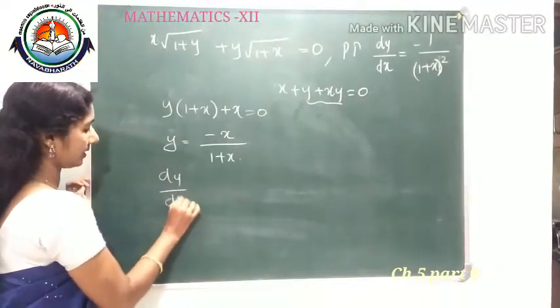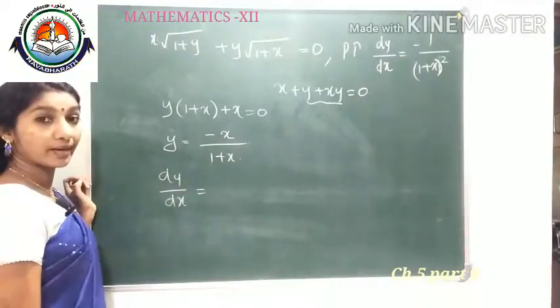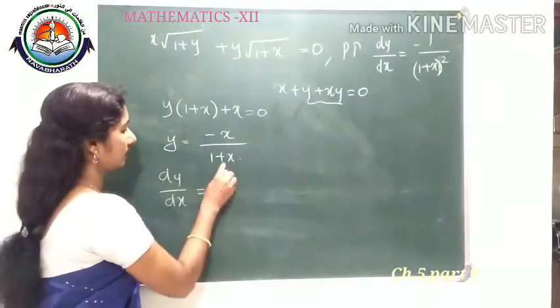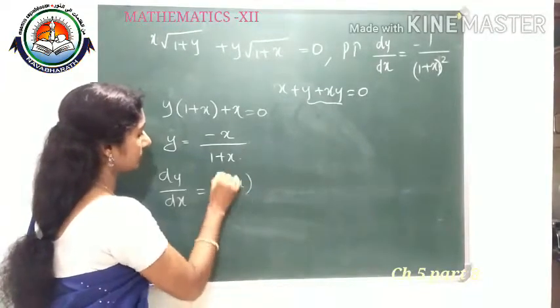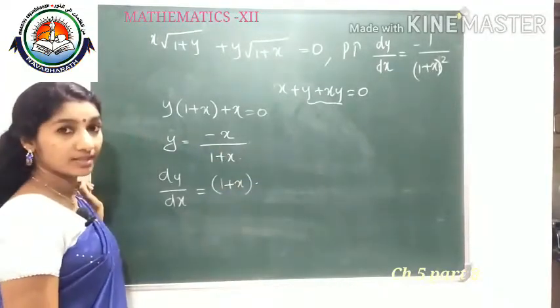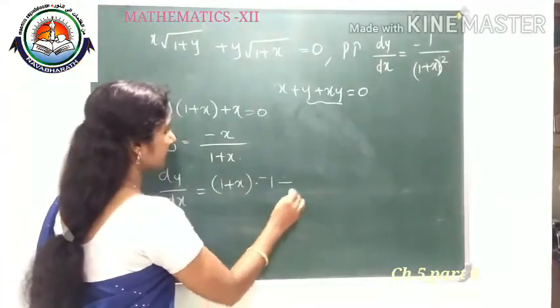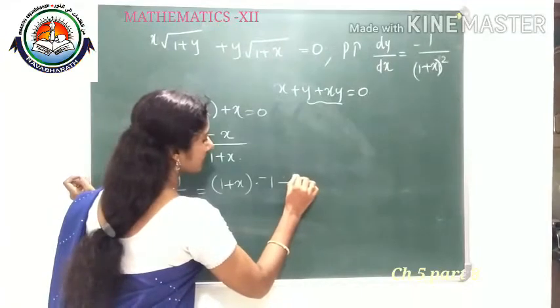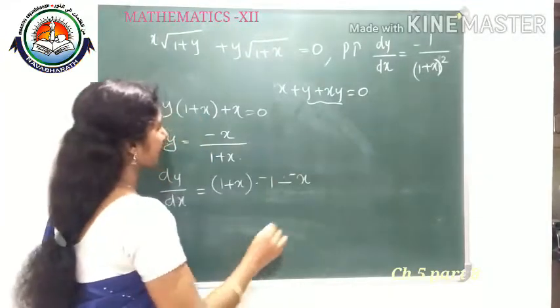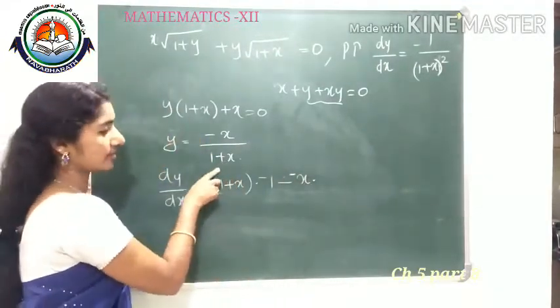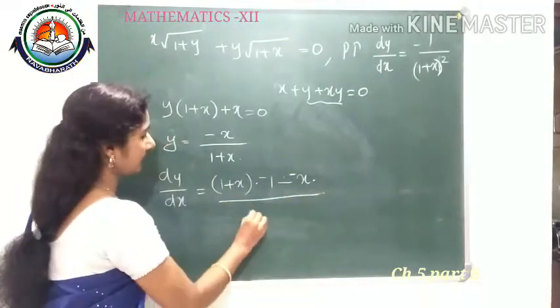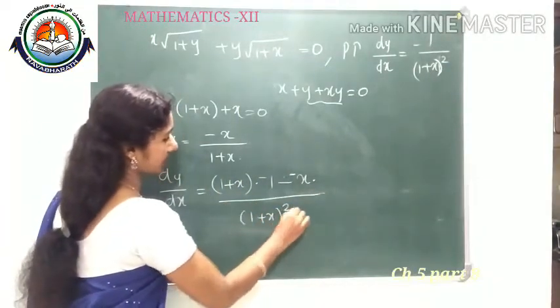So dy by dx is equal to, need to apply quotient rule: denominator into derivative of numerator, that is minus 1, minus numerator, that is minus x, into derivative of denominator, which is 1, divided by denominator square.